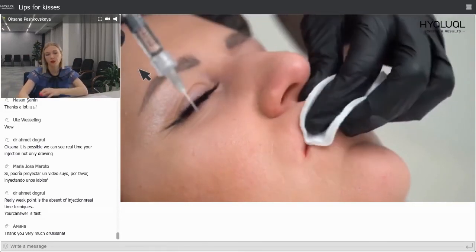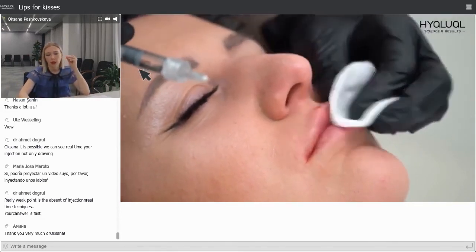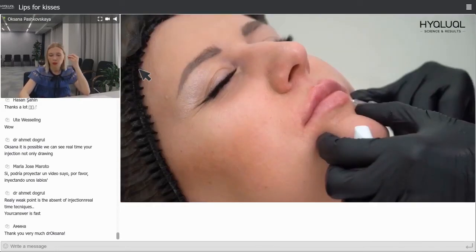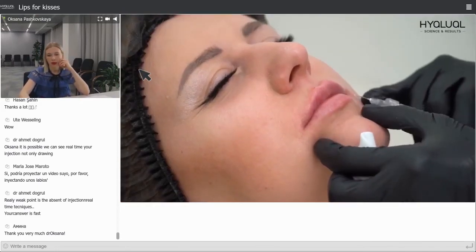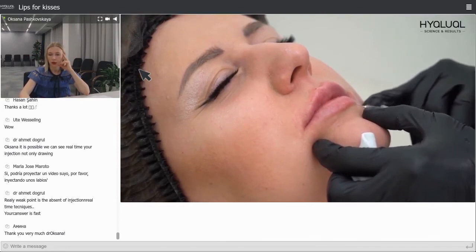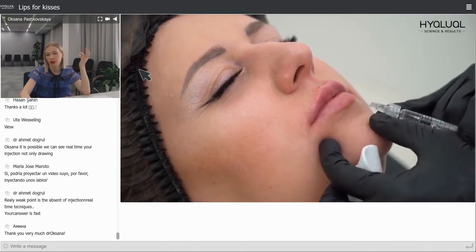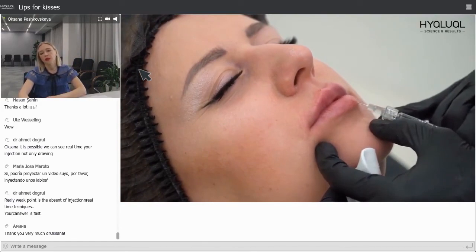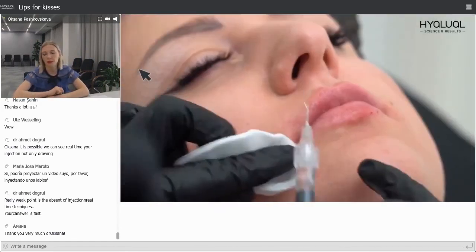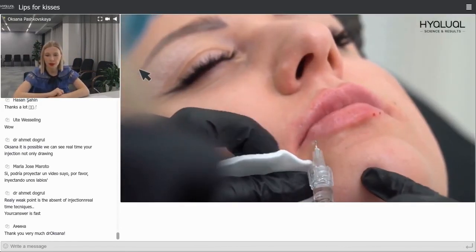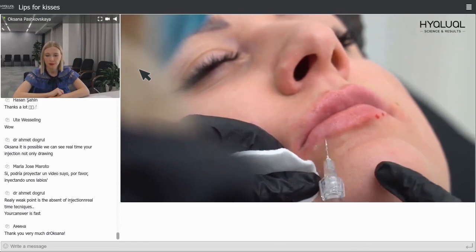It could help you to be in the right position, be superficial. Now the lower lip, I just use vertical injections because she has a pretty nice lower lip, not clamped, so it's like the Parisian technique. You can now see.